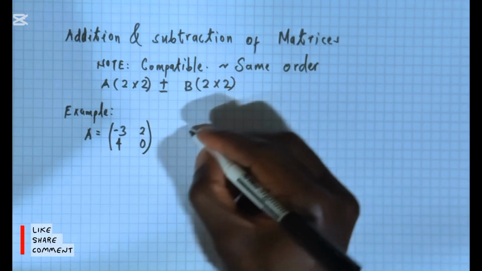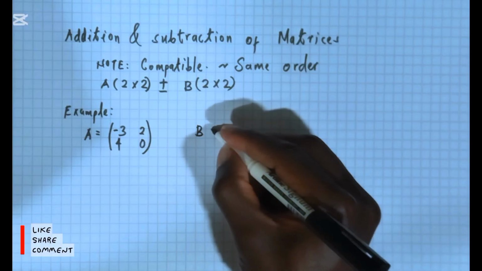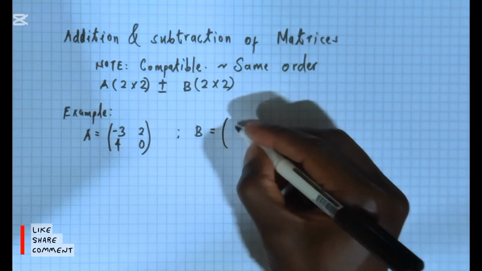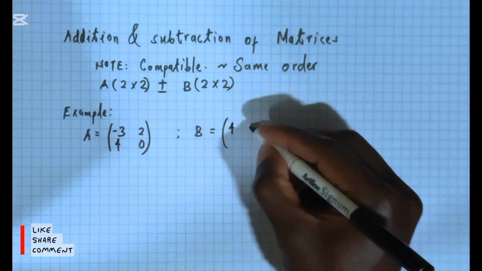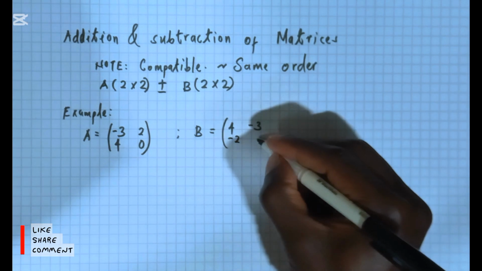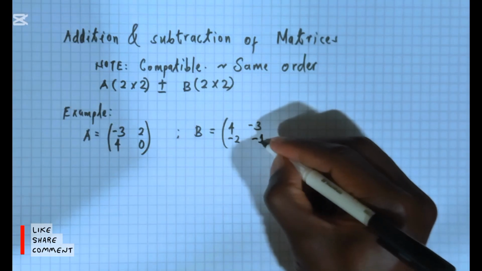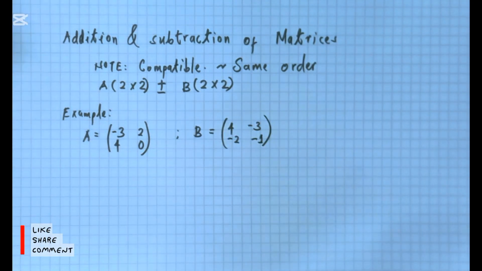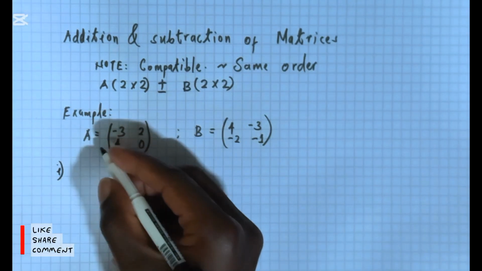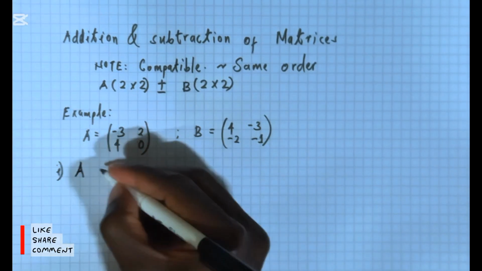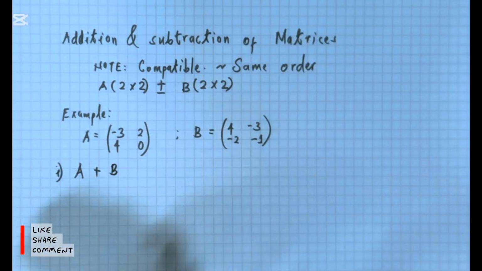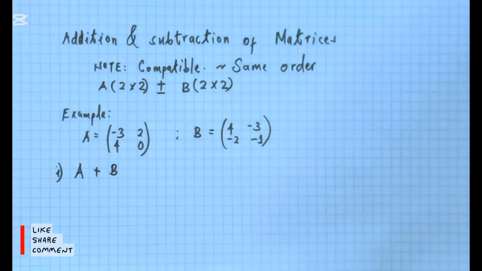We've also been given a matrix B, defined by 4, negative 3, negative 2, and negative 1. The first question is to add matrix A and matrix B.